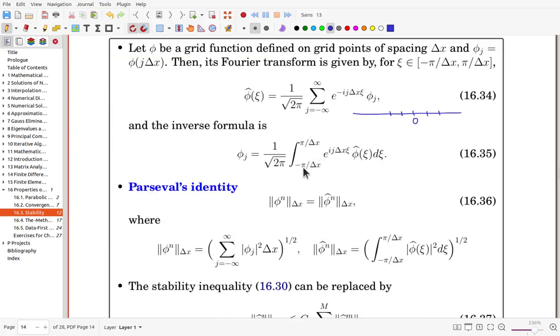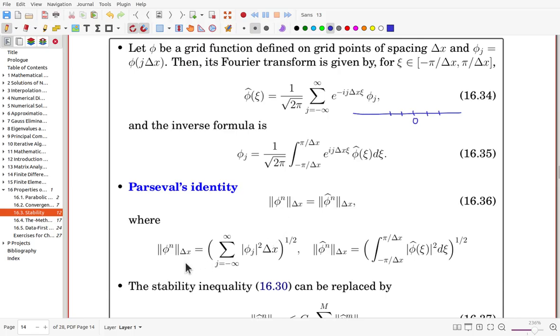For this Fourier transform, a well-known property is Parseval's identity. In the original physical domain, the energy norm, and this is the frequency domain energy norm, they are the same.